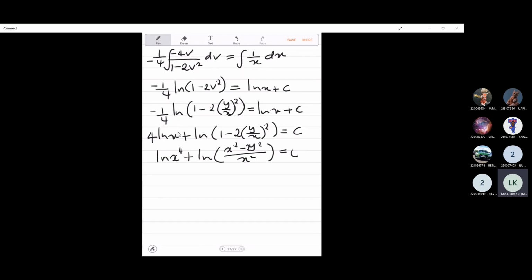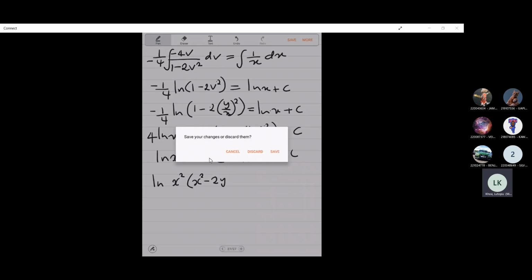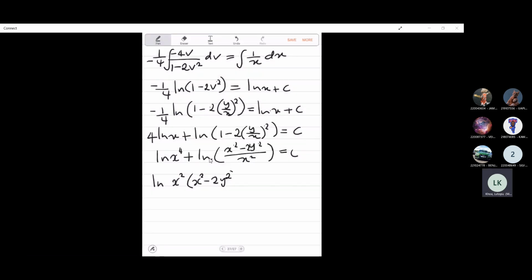And then combine these two. We're adding, the bases are the same. What I will be left with is ln of x squared times x squared minus 2y squared is equal to c.